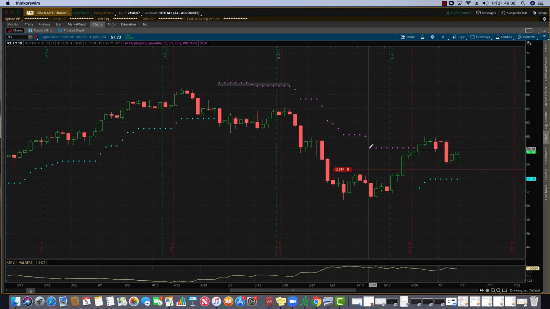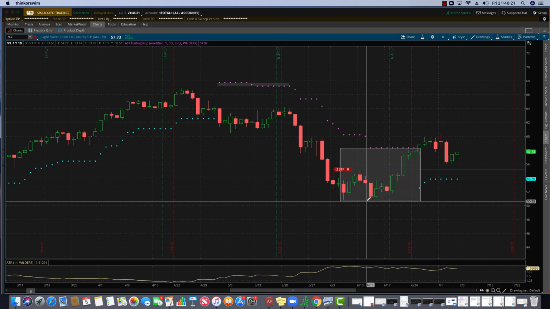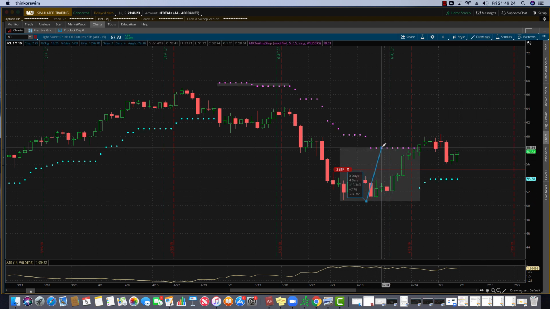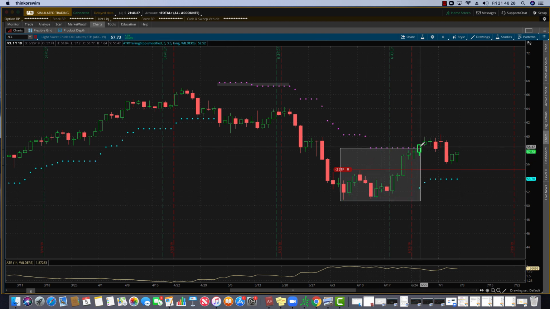And then when this range was broken here, you see, this was probably a $6 range from here to resistance, $7 range, and when it was broken here, basically the ATR calculated this as support. So now we're looking at a $6 range from here to here.